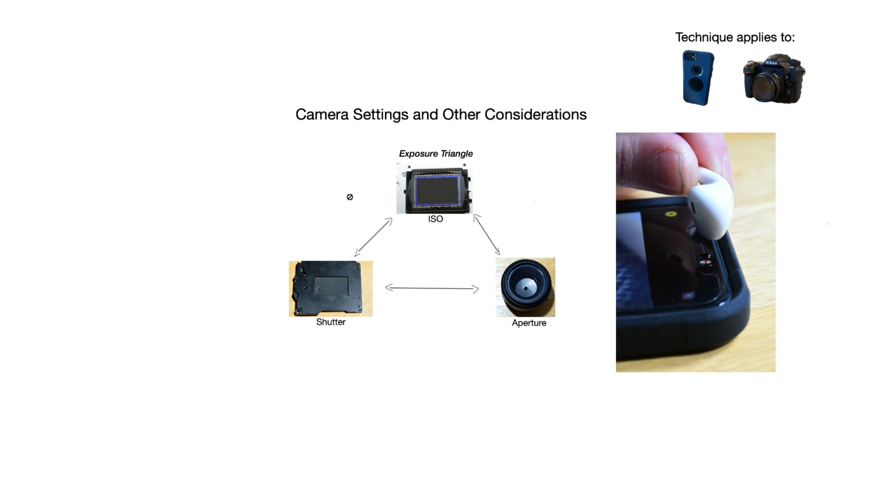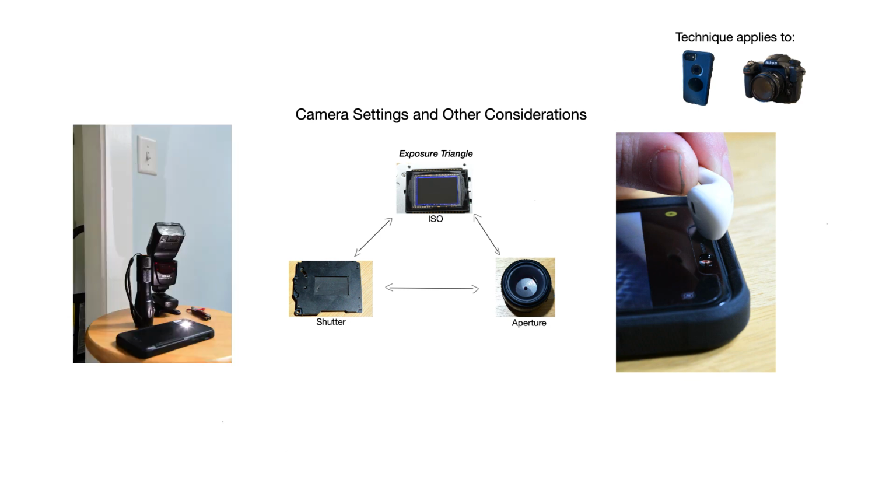But then again, if you can't raise your ISO high enough without getting too much noise, if your image is starting to look grainy, or your shutter is open for too long and your image is starting to get blurry because the camera is shaking, another really important part of macro photography is adding light.